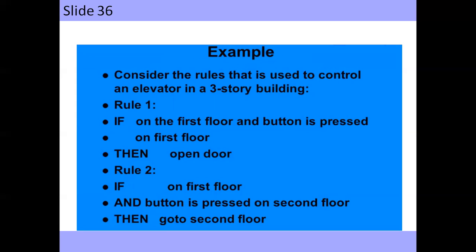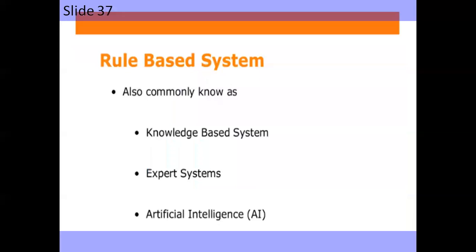Rule two is: if the lift is on the first floor and the button is pressed on the second floor, then go to the second floor, and so on. So we add conditions and proceed by repeating the step. The rules are applied, and the process ends if no new condition exists.